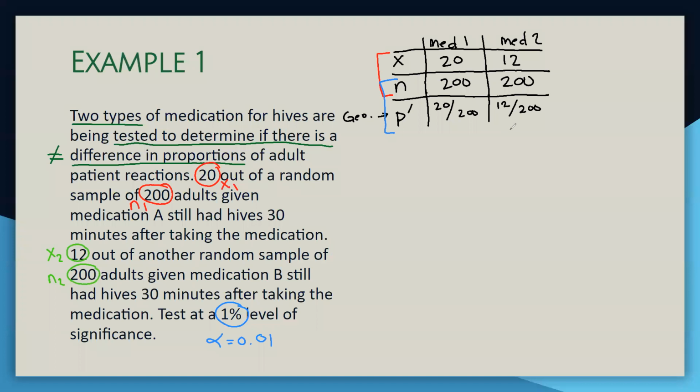So which two pieces of information you need is going to depend on which technology you're using. I'm going to quickly jot down that alpha so I can clear off our scribbles on the other side of the screen. And then I know that I'm doing a z-test for two proportions.